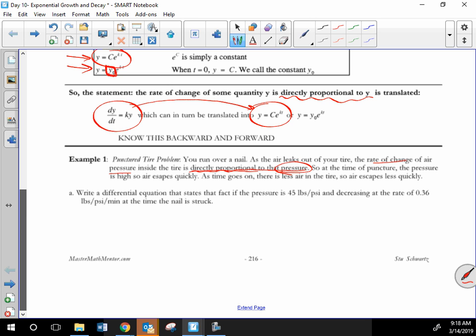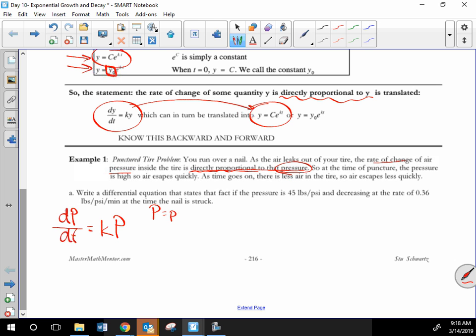All right, so again, let's choose our variables. The pressure is P. So dP/dt, the rate of change of air pressure, is directly proportional to the pressure. Our differential equation would be dP/dt equals k times P. And it's good for us to go ahead and define our variables.